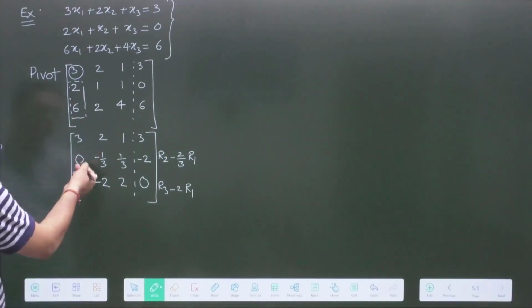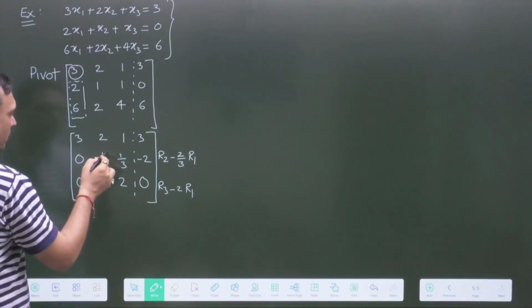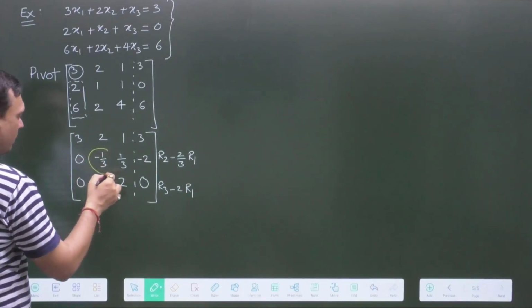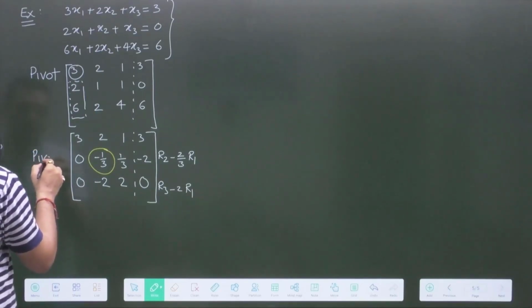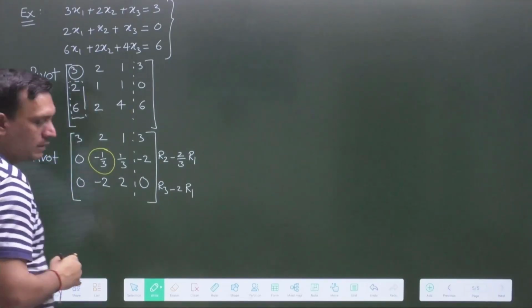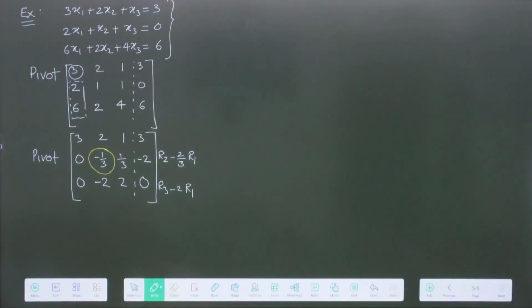You want to eliminate it? That is also correct. No issue. You just eliminate this. So now you want, this is the pivot element. Let's eliminate it.